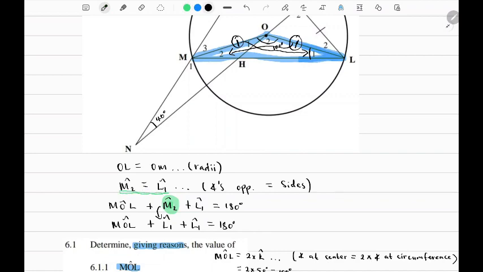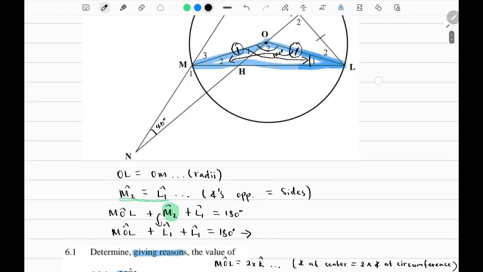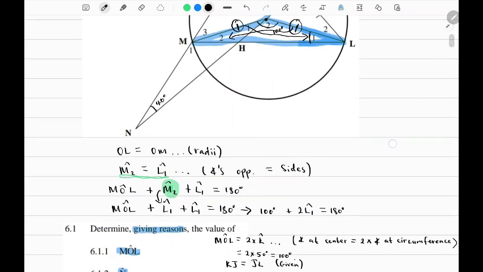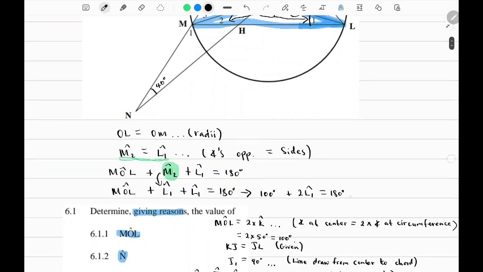So now we can make L1 the subject of the formula. MOL is 100 degrees, and these two L1s are equal to 180 degrees. Therefore 2L1 is equal to 180 degrees minus 100 degrees.